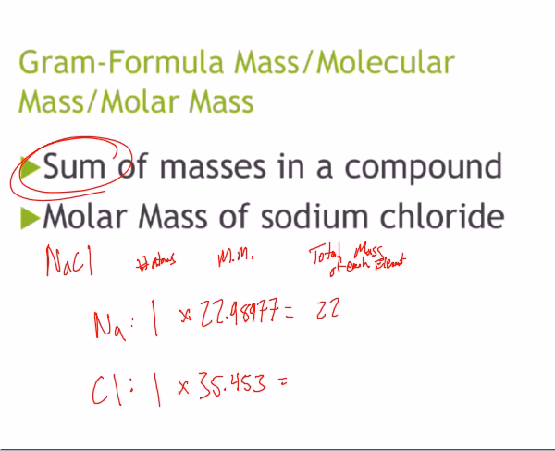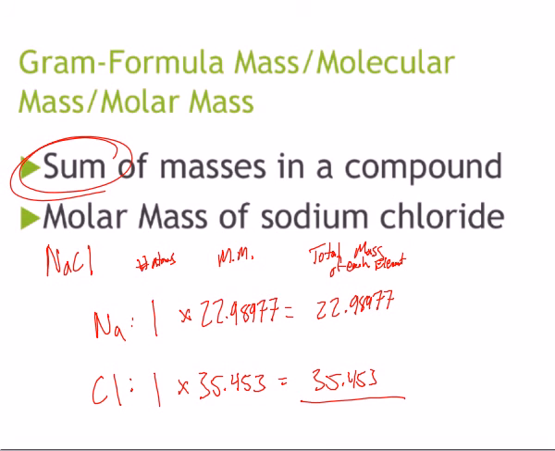So this is easy math here, 22.98977. Down here it's 35.453. Now we're going to add them all up. All the individual pieces we've accounted for, add them all up to the total mass of our compound. So 22.98977 plus 35.453.